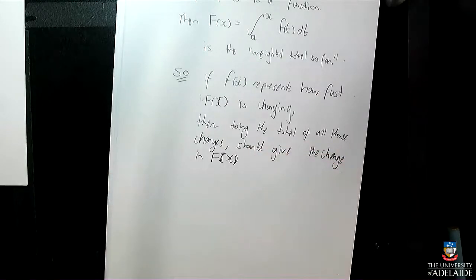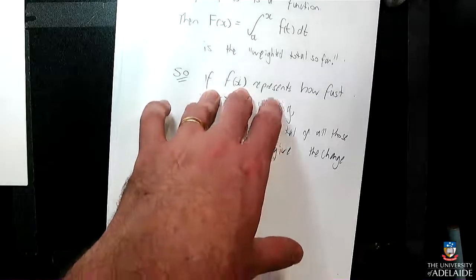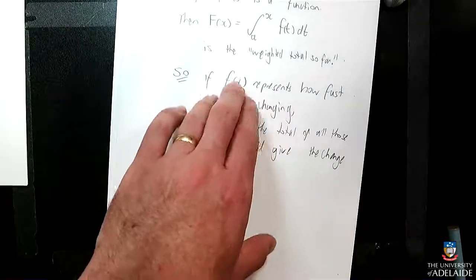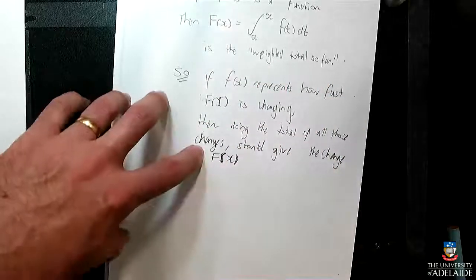Okay, so let me just say that again. If this function represents how quickly another function is changing, then you can say, oh, look at all these little teeny changes in that function. If I add them all up, it should tell me how much the big function changes by.